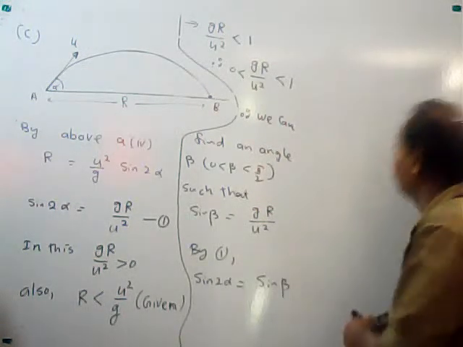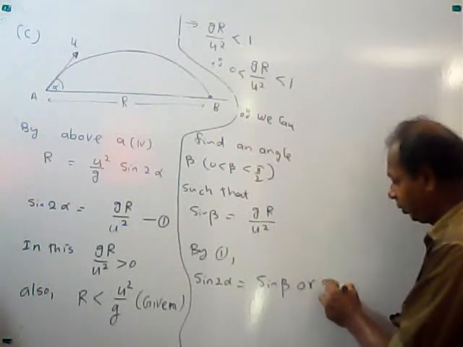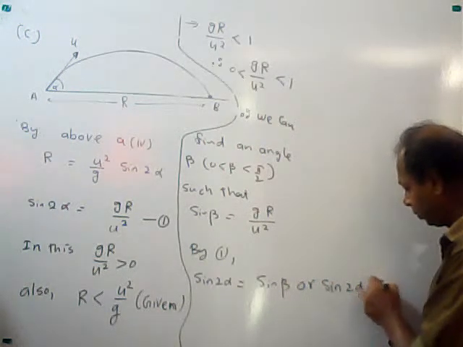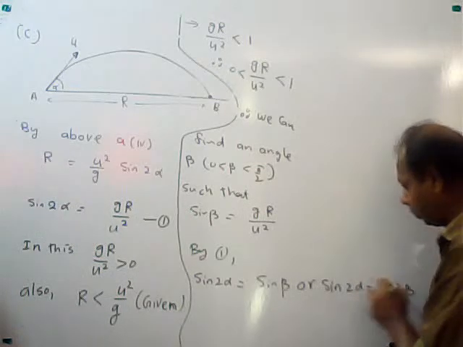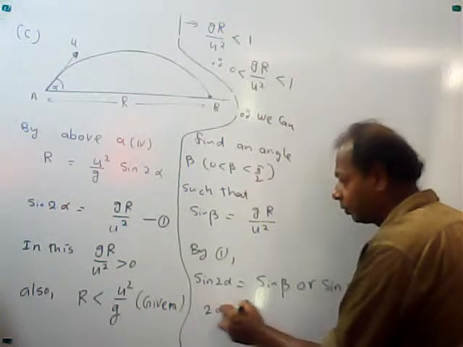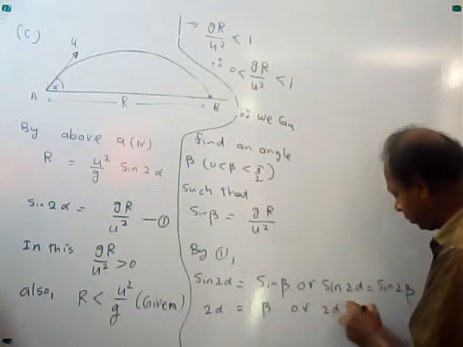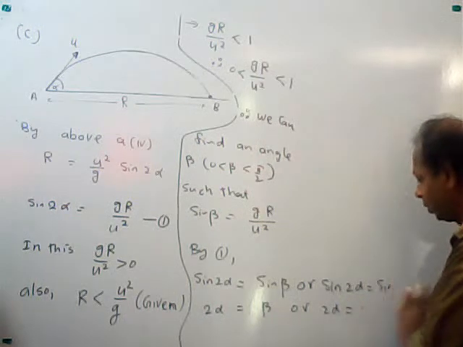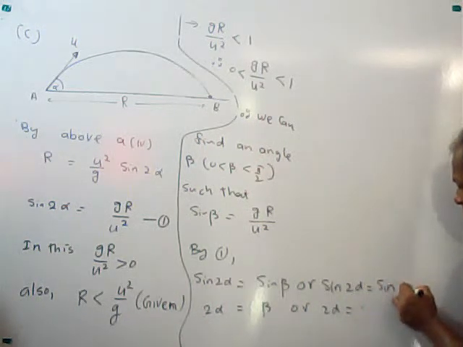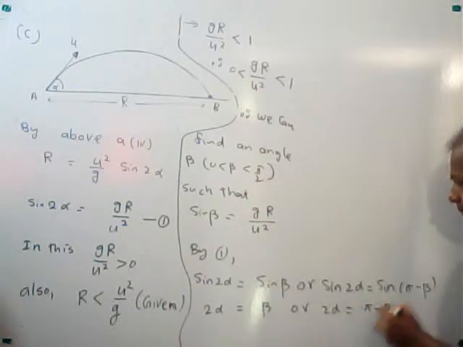So, two possibilities. You get two solutions for alpha: 2 alpha equals beta, or, sorry, 2 alpha equals pi minus beta, right?